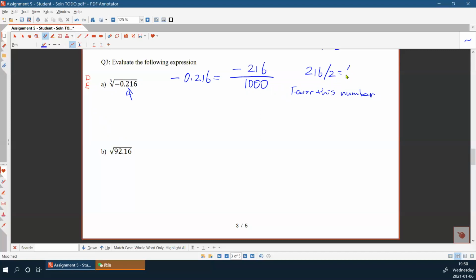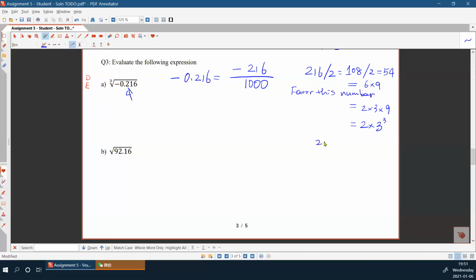What's left there? 108, right? 108 divided by 2 gives us 54, right? 54 is 6 times 9, right? Or you can rewrite 6 times 9 as 2 times 3 times 9, which is 2 times 3 to the third power, right?